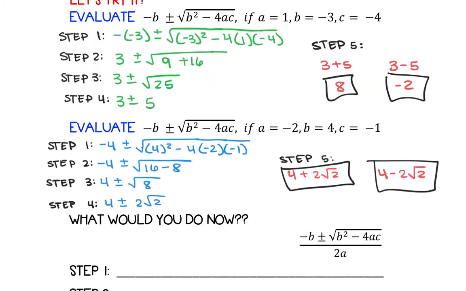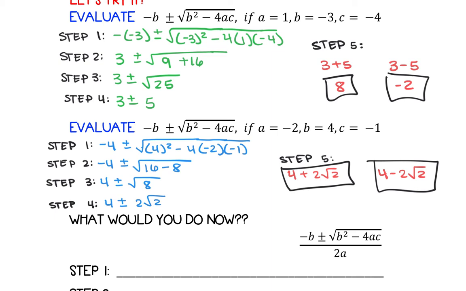Alright, so for this problem, step 1, you're substituting everything in. Substitute what a, b, and c equal. Step 2, you take b squared and then you multiply 4ac together. Step 3, you combine b squared and 4ac, making sure that you're paying attention to your signs.